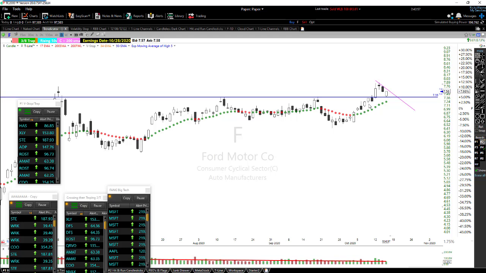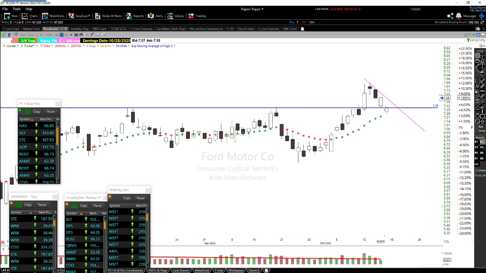So what I want to see is that pullback. I want to see buyers stepping in. We can clearly see that. So now this might become a buy. Now, each chart is going to be a little bit different because we look at the price action here, and the price action might be shaped just a little bit different. And I do believe maybe the best time to buy this is when I see follow through above today's candle.